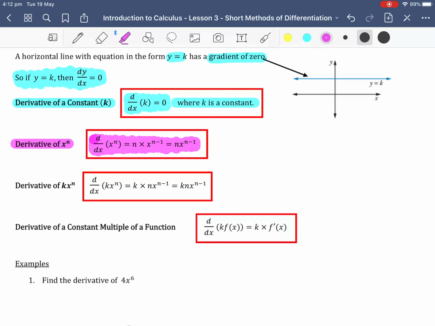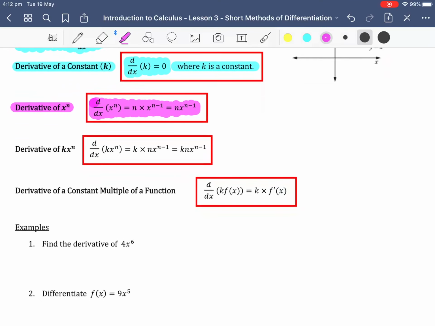We would have noticed from sketching a little while back that when we sketch the derivative function of a parabola, it is a straight line. When we sketch the derivative function of a cubic, it is a parabola. So our power is decreasing by 1. We bring our power out the front, multiply it to our x, and then decrease the power by 1.